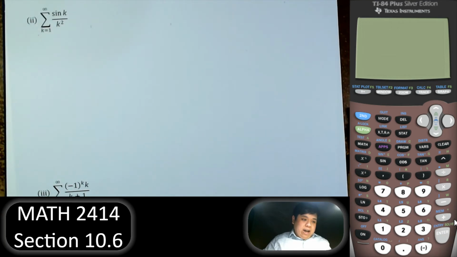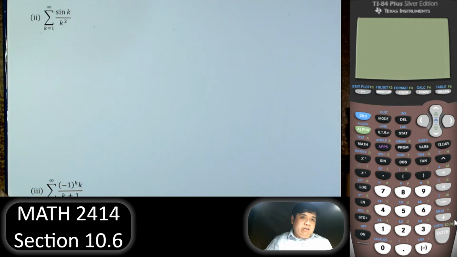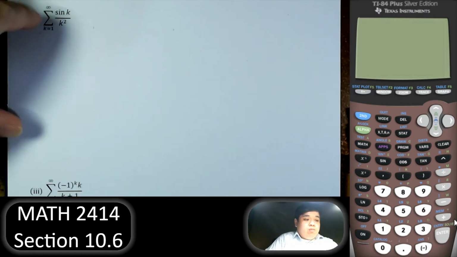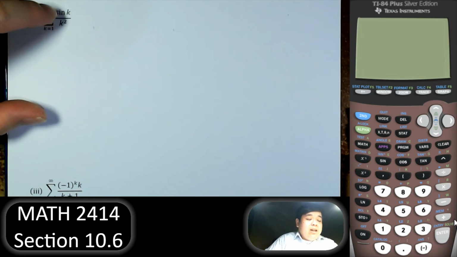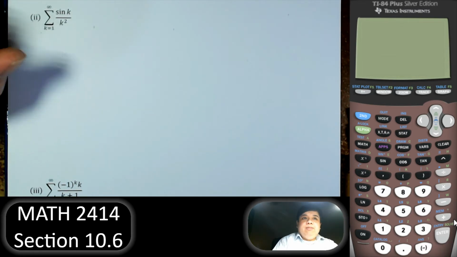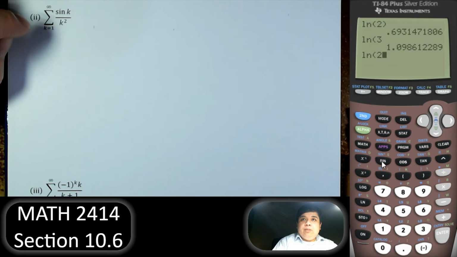Sine k over k squared. Notice that we don't have any example like this in the previous section, because in the previous section all of those had to be positive. The sine k can potentially be negative. For example, when k equals 2, how about sine 3?